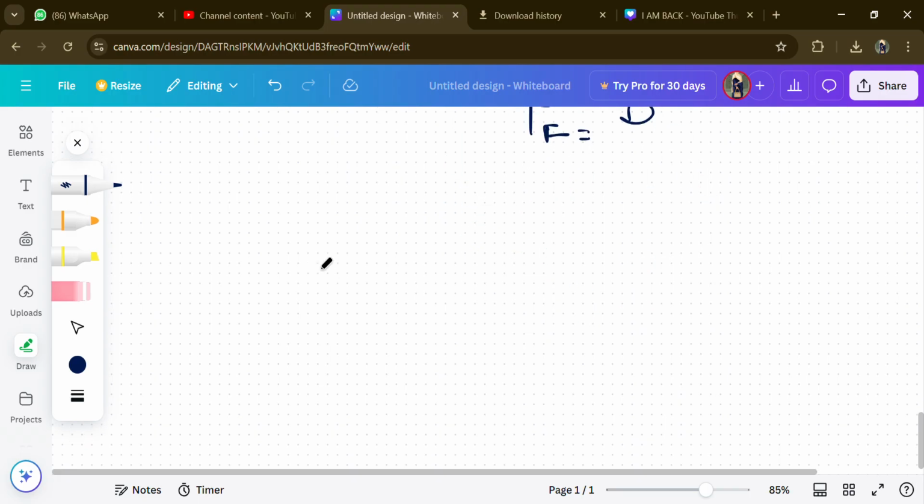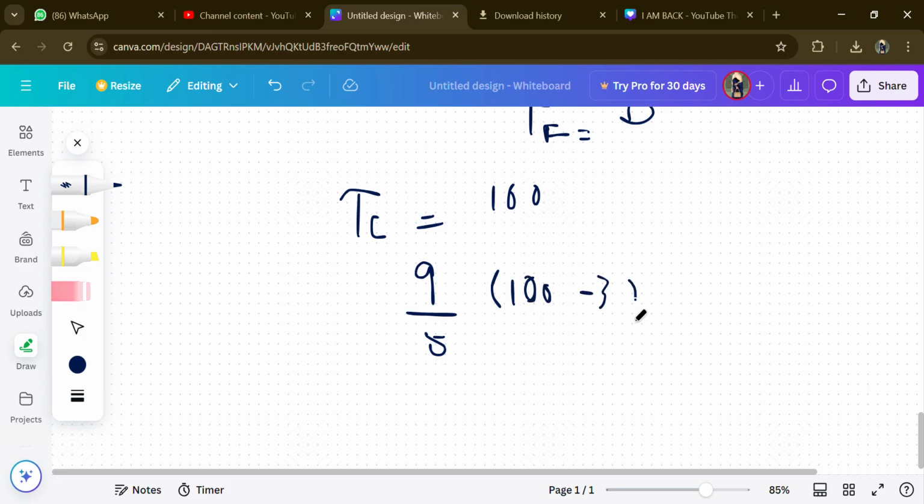Again, take another example. Take the value of TC as 100. Now solve it. 9 upon 5, I'm directly putting the value 100 minus 32 equal to TF. Keep that in mind.